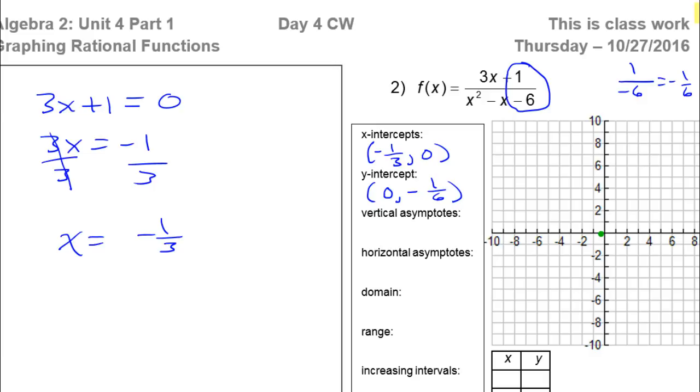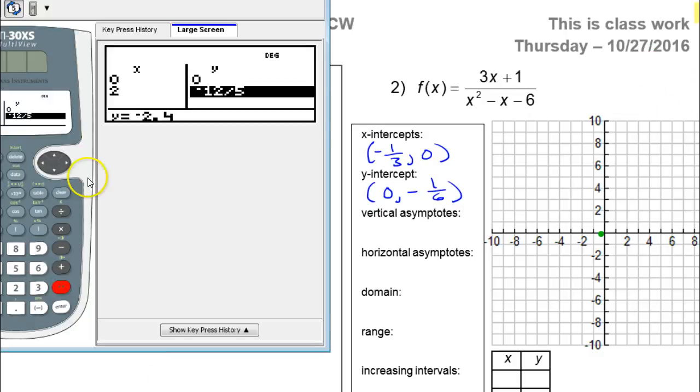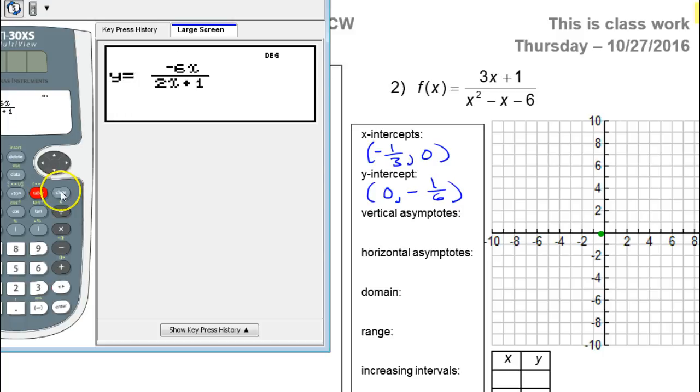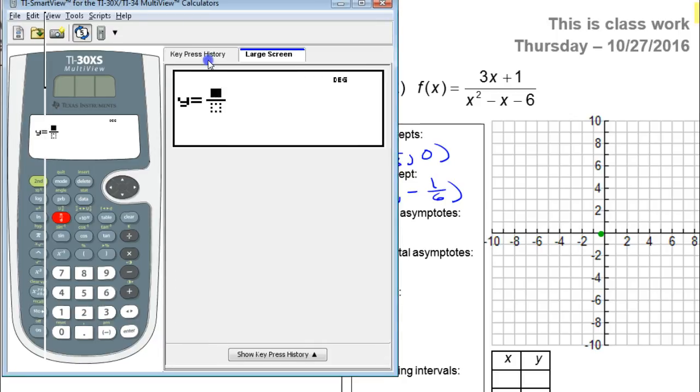Now, say if you didn't remember about plugging in 0 for the x's, and you wanted to use your calculator instead. Here's what you would do. You would type the function into your calculator. So I'm going to have 3x plus 1 over x squared minus x minus 6.